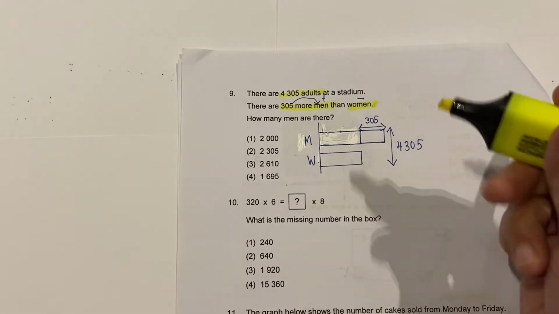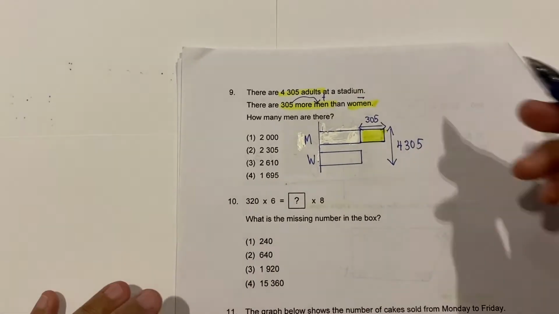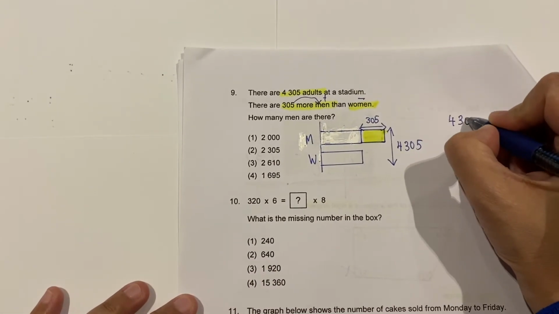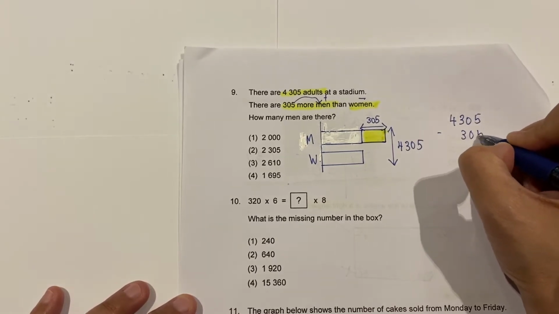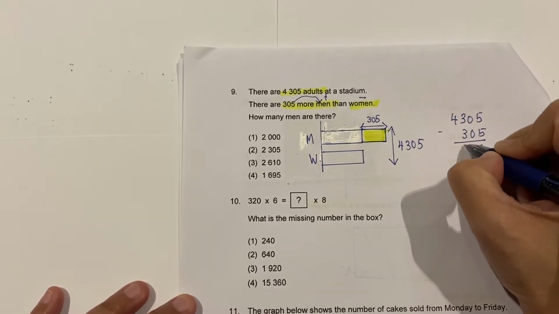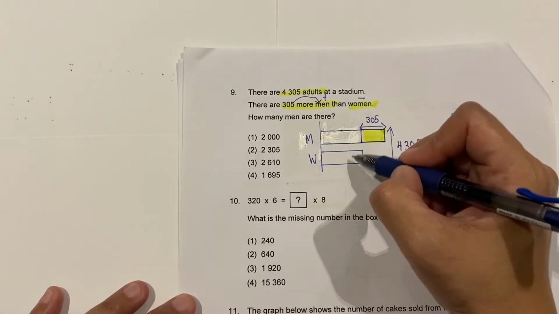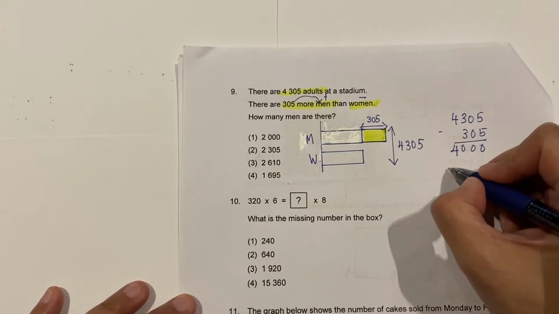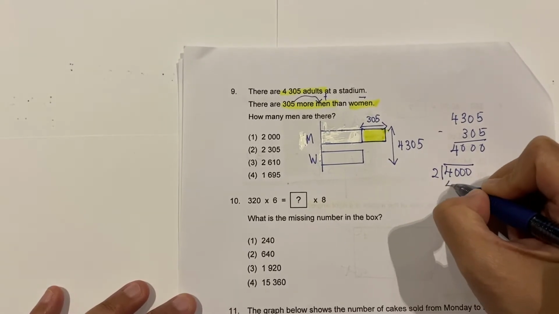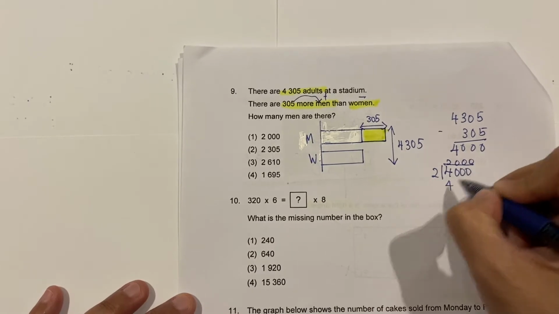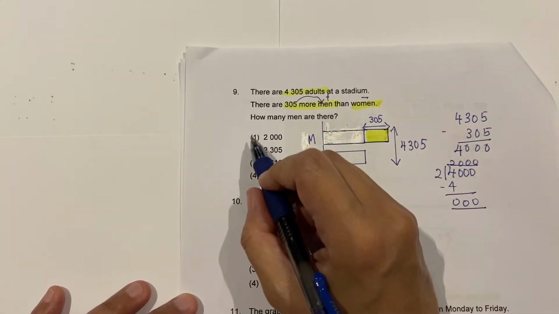In order to get rid of this part here, I take the total, take away 305, so I get 4,000. This 4,000 represents these two, so what I do is 4,000 divided by 2.